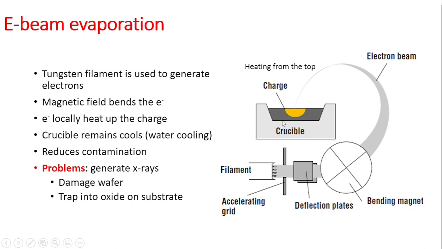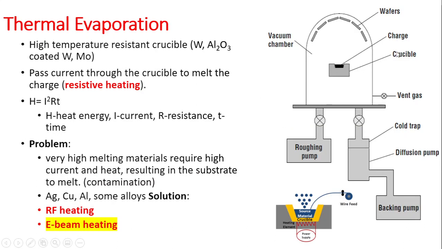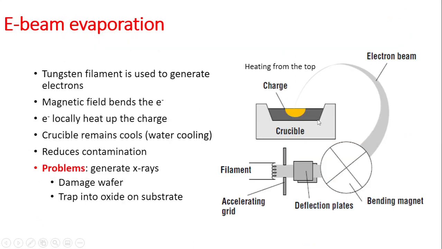This is actually an important difference, because in the case of thermal evaporation, the crucible heats the charge from the bottom, but in the case of e-beam evaporation, you heat the charged material from the top.